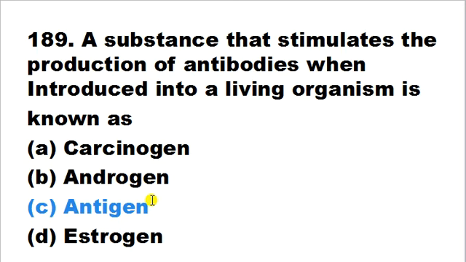So they are involved in inducing your immune system and they stimulate antibody production. While carcinogens are chemicals that induce cancer, androgen is a male sex hormone, and estrogen is a female sex hormone. So here the correct answer for this question is C.